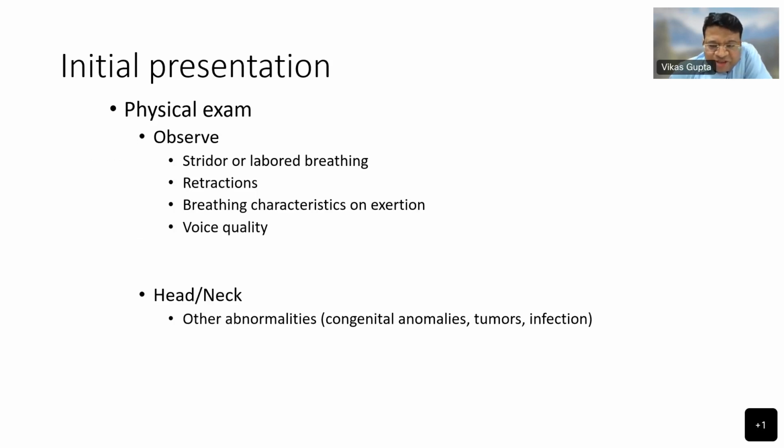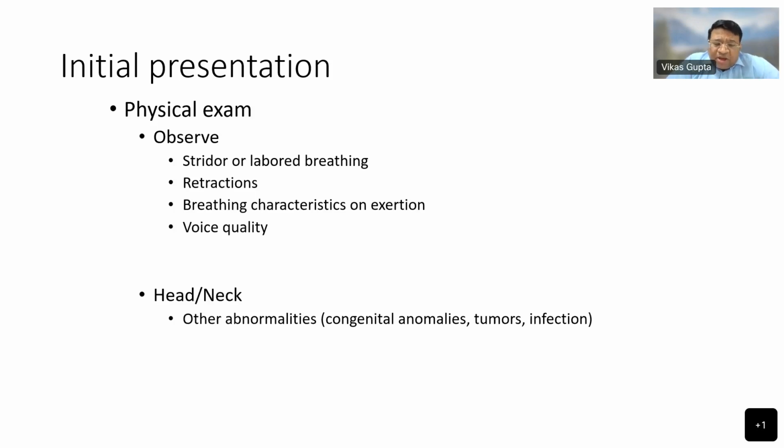So when we see these patients, we have to observe for stridor or labored breathing, and how much retraction is there. It is a general examination, the same as for any patient we see with stridor or labored breathing. The differential diagnosis obviously remains the same as for upper airway obstruction, as this is another cause of upper airway obstruction.